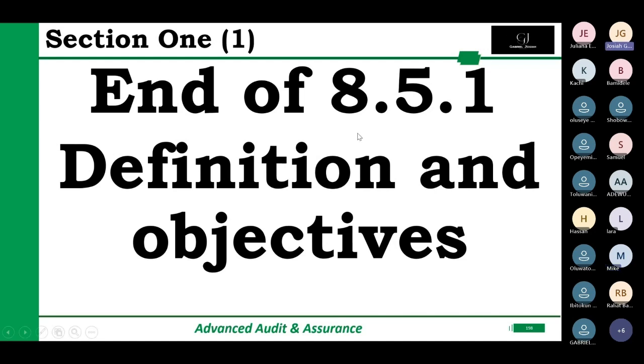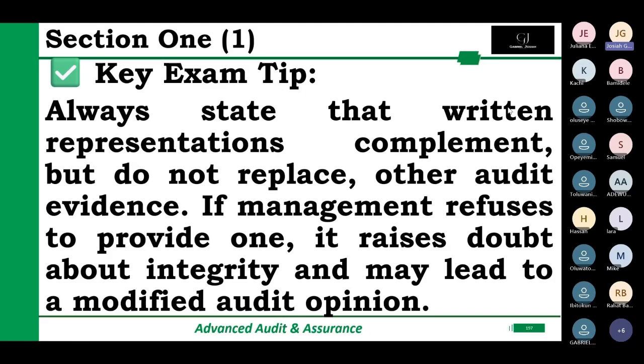Oh, okay. So I was saying that as an exam tip, always write that written representations are complementary. They are not a substitute for the auditor performing his procedures, his test of details, his substantive testing, and obtaining his evidence. It's complementary in the sense that he has written representation and he also has proof, which is evidence. And where management refuses to provide this written representation, then there is a risk of integrity or ethical compliance to this standard.